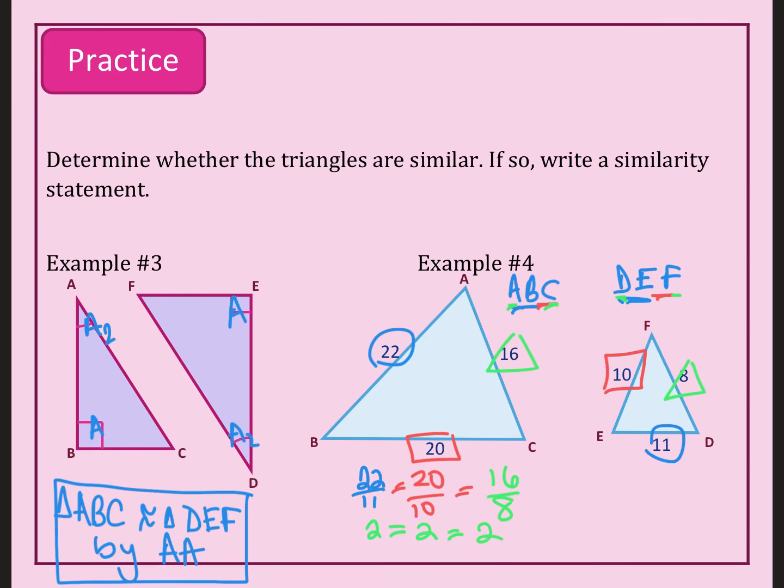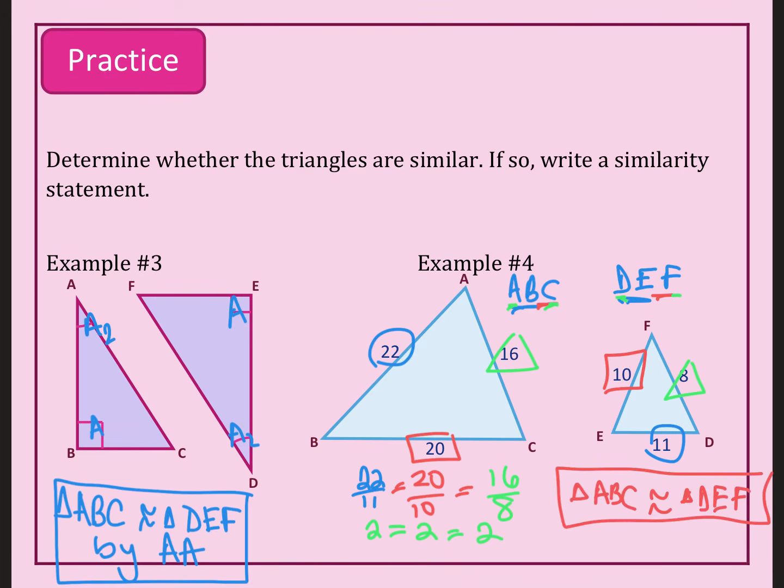They all had a ratio of 2. So even though these triangles don't look like they're similar, this triangle right here is similar. It was just rotated. It's on its side. So these triangles are similar because of side, side, side.